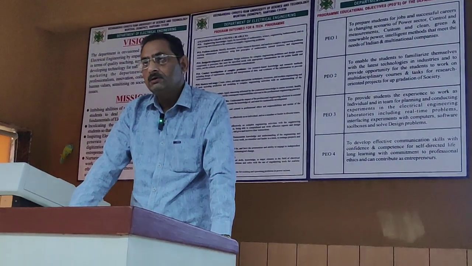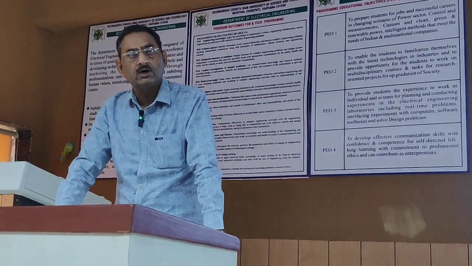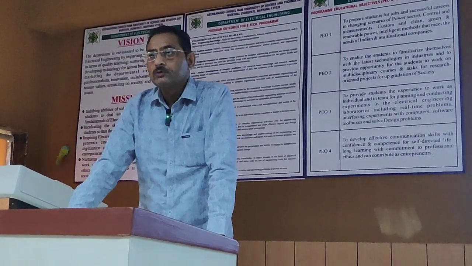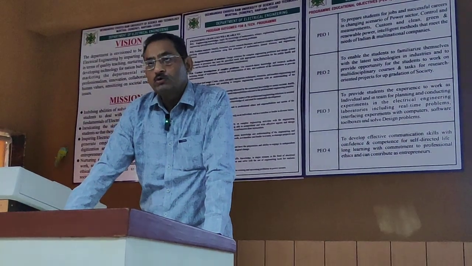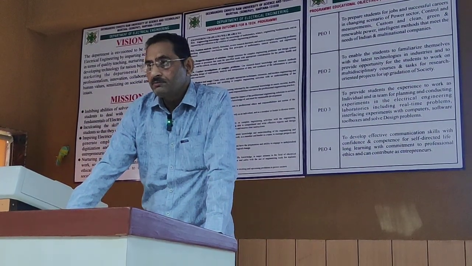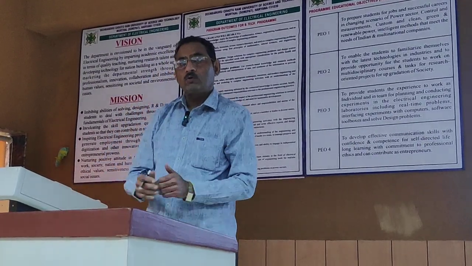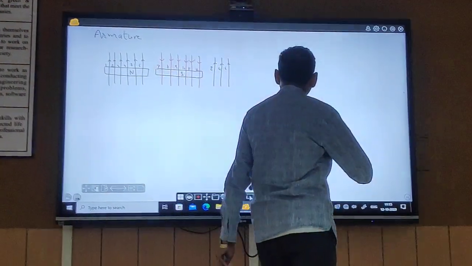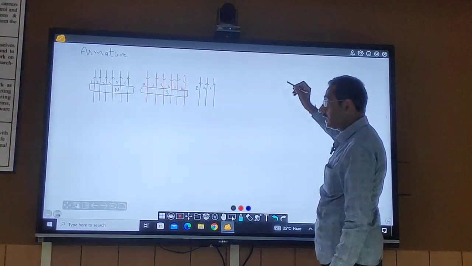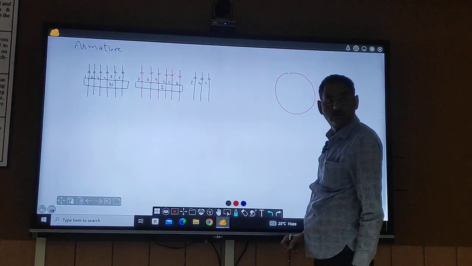Further we will have a detailed discussion on that. Out of the various parts of the DC machine, the most important is the armature. Armature consists of the winding and rotor. Rotor is the rotatory part. In the rotor, as we were describing yesterday, if you remember, say this is a rotor.